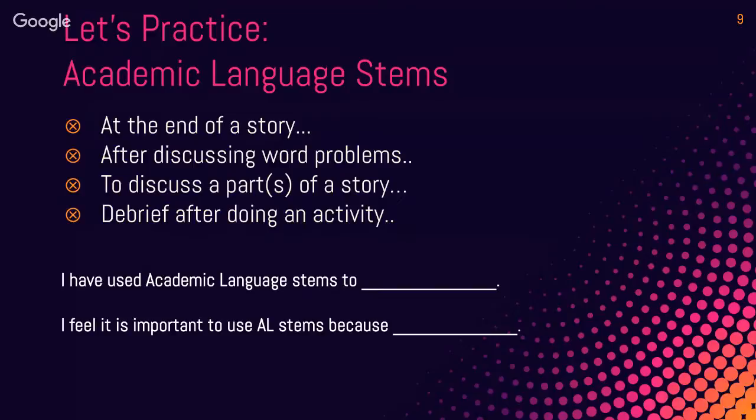Okay, so again, just an anchor, just a way to get kids to start thinking about what they're learning and also being able to express and keep track of that thinking as we go through lessons.